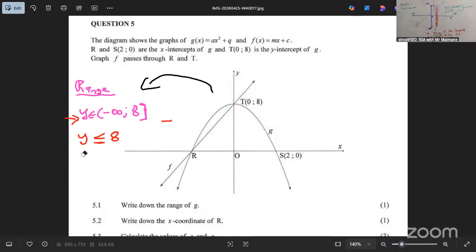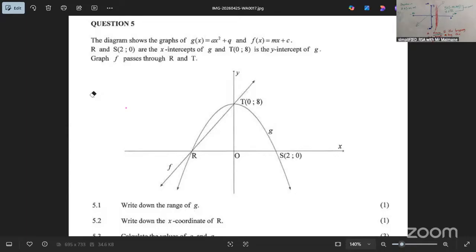So now, if you understood exactly what a domain is without having to go through that explanation, on the question of mathematics, when they say write down, it means it's something which you don't have to calculate. You just have to look at it and write it down. That's why they say you must write it down. So one student would say my range is y is less or greater than 8. They would get a mark.